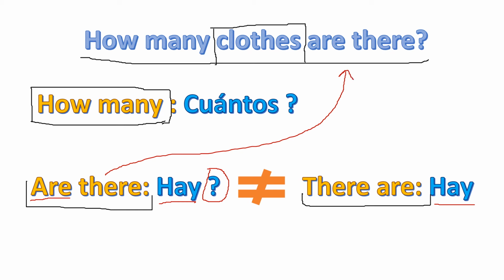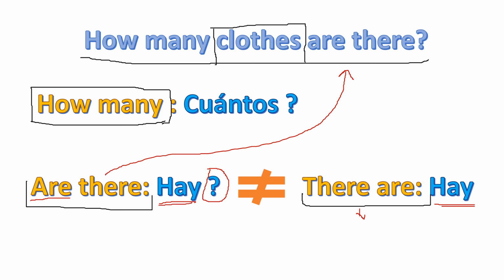When we have the expression there are, it is used in affirmation, and it's at the start or in the first part of the sentence. Las expresiones are there y there are significan lo mismo, hay.